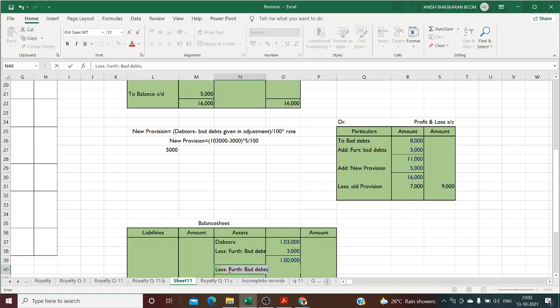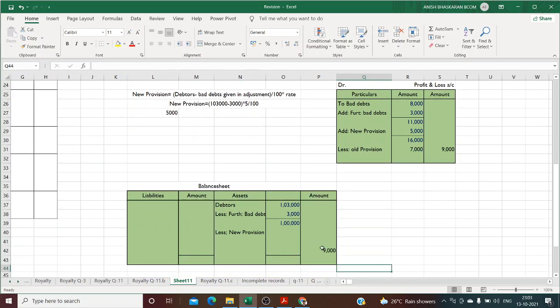Then less new provision 5,000. Then in outer column 95,000. So this is the accounting treatment to be shown in the final accounts. So this is a very important question. Please take care of this.